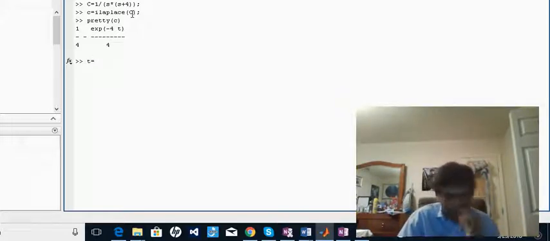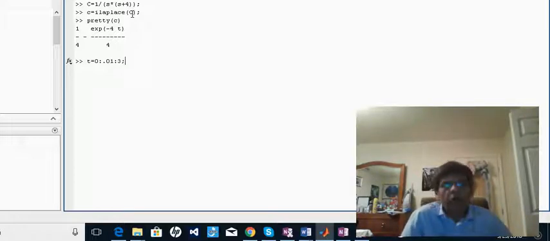In order to plot, we can say t equals 0, colon 0.01, and going all the way up to 3. And I'm going to suppress this. If I don't, you will see like 300 values being spit out on the screen, and we would like to have this many values to get a smooth curve.